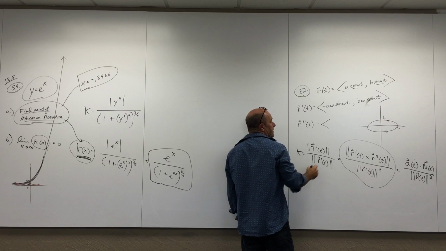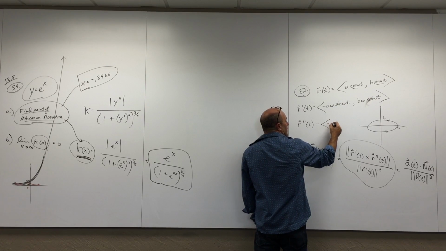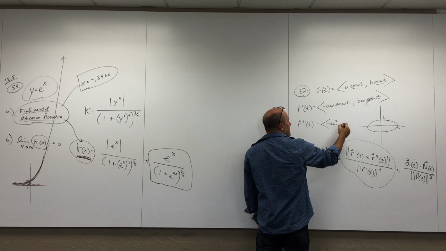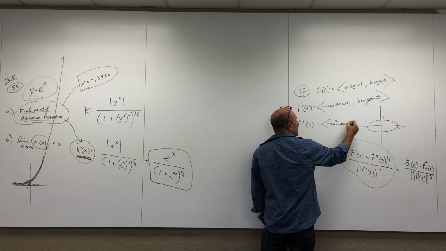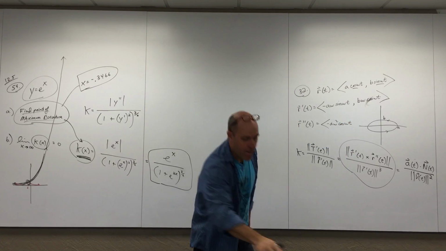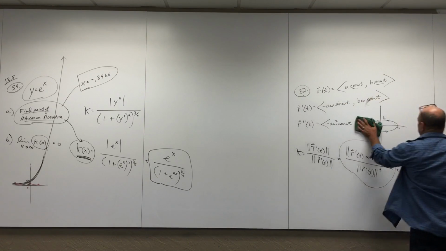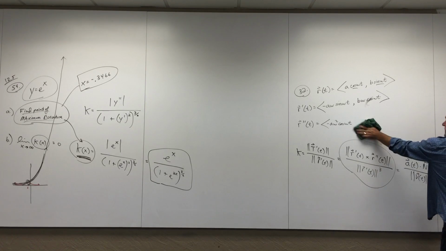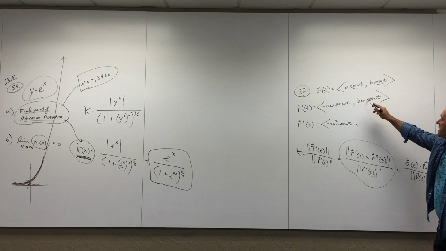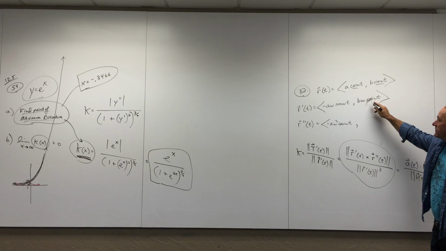What's r double prime? Negative a omega squared cosine omega t. And then b omega squared... wait, negative. Derivative of cosine is negative.